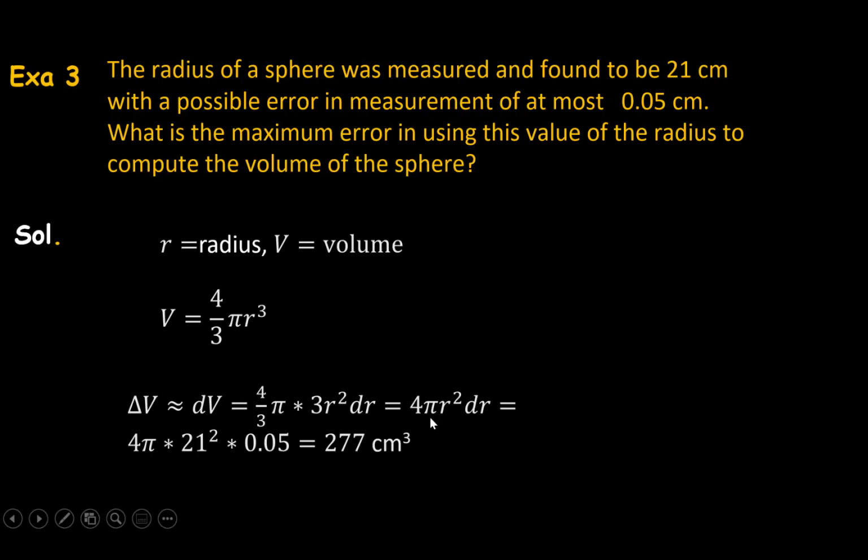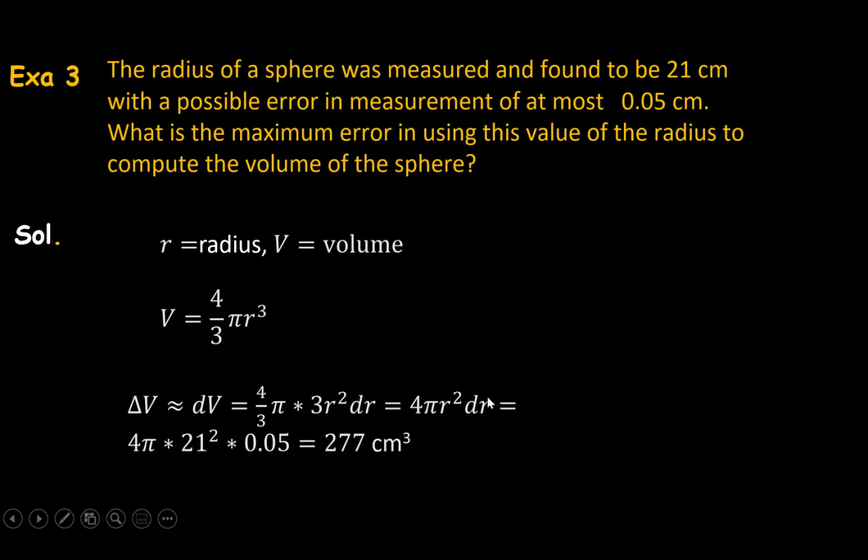By the way, this expression, as you might know, is the area of the sphere. And this is not by coincidence. If you take the derivative of volume, you should get the area of the sphere. All right, so it's equal to this.